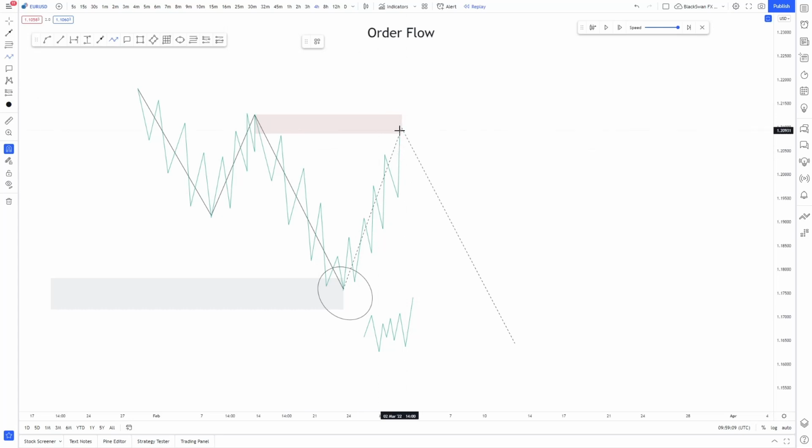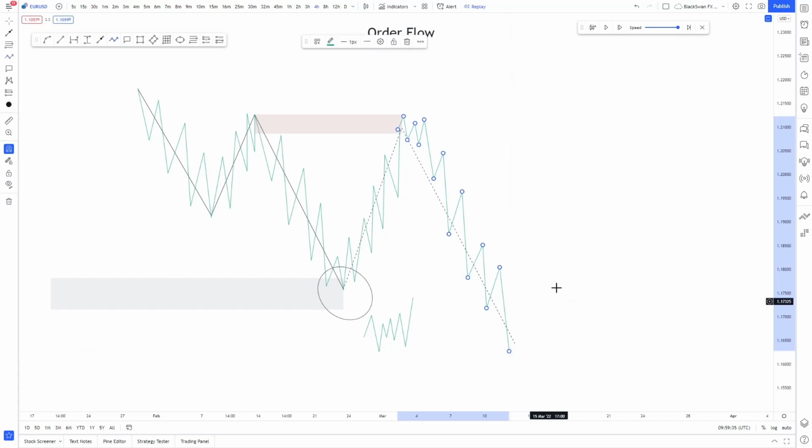So two things are going to happen. It's either going to trade in and give us a valid shift in order flow, and then we can begin to trade down and target the daily week low after the 4H has shifted, because 4H is our order flow to daily structure, and then we can trade all the way down, hoping that we meet the low.